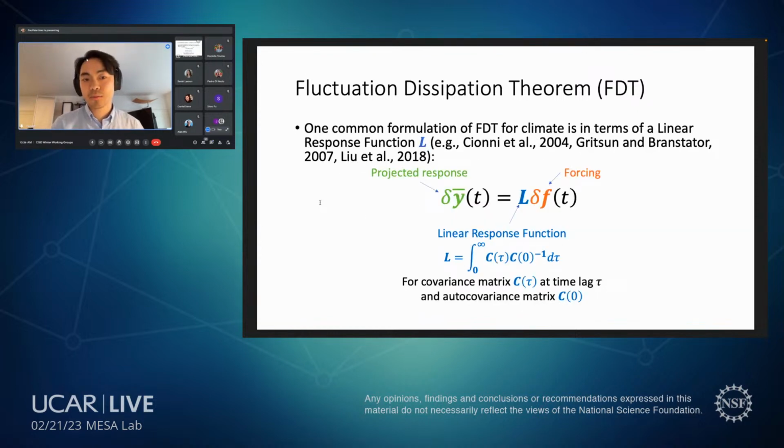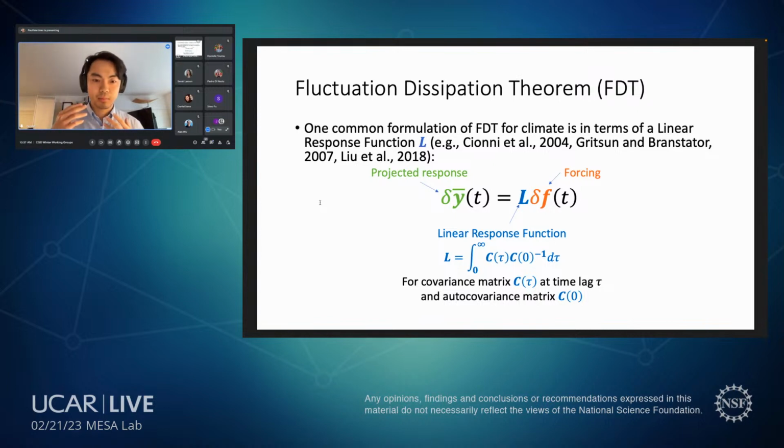So one common formulation of the FDT for climate purposes is in terms of a linear response function. In these cases, the projected response, which I'm denoting delta y here, is estimated to be equal to the product of the linear response function L and the forcing vector delta F, where L is estimated from the covariance matrix of the internal variability of the climate system.